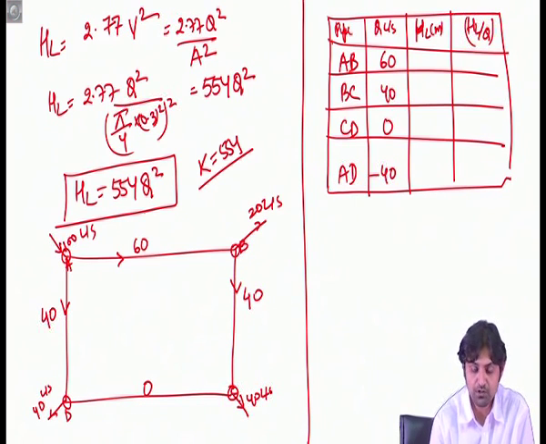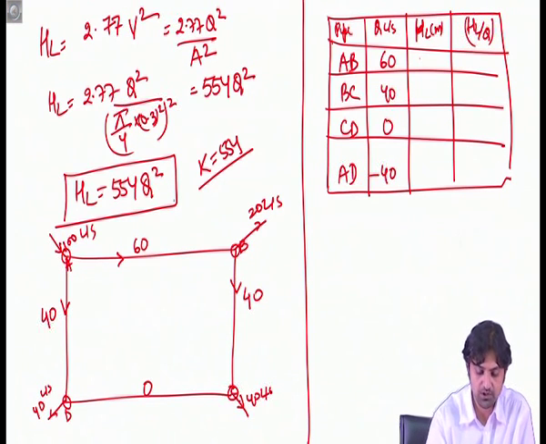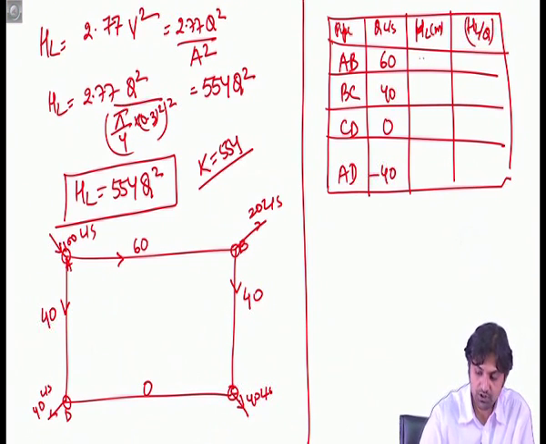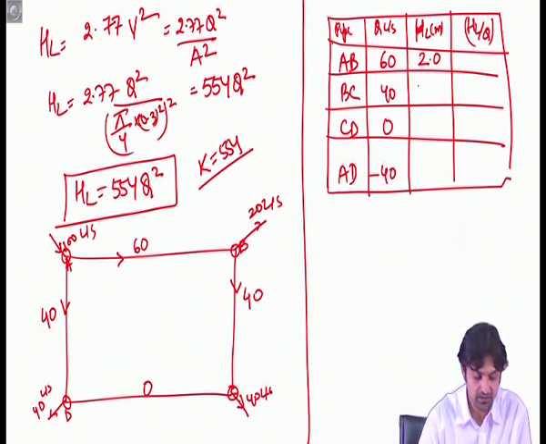Converting it into meter cube per second, because it is given in liters, the head loss is going to be, you do the calculation, 554 into 60 whole square divided by 1000, it will come out to be 2.0, and this will come out to be 0.886. Since this is 0, this will be 0, and this comes minus 0.886.